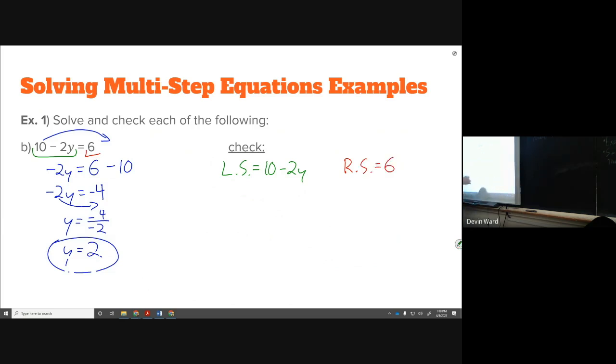Okay, so what I want to do, remember, is sub in y. I said it was 2. So instead of y, I write 2. Now this should equal my right side, which is 6. So we do multiplication first. 2 times 2 is 4. 10 minus 4 is 6.